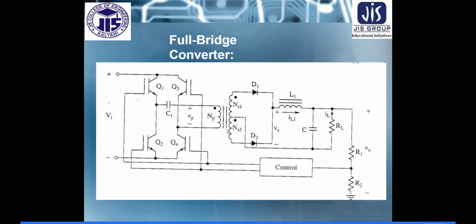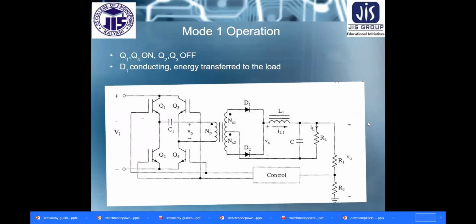So hopefully you have completed the circuits of full bridge converter. In mode 1 operation, Q1, Q4 are kept on, Q2, Q3 are off, D1 will be conducting and energy will be transferred to load.